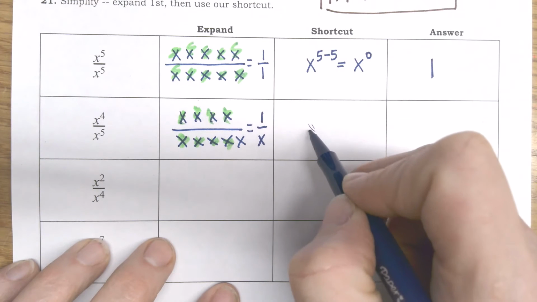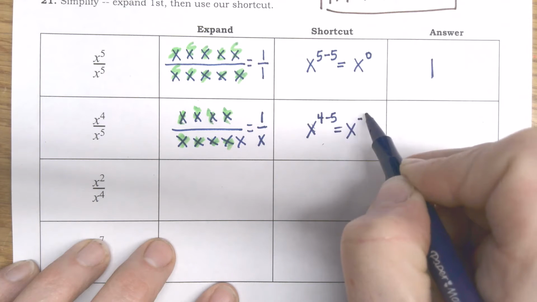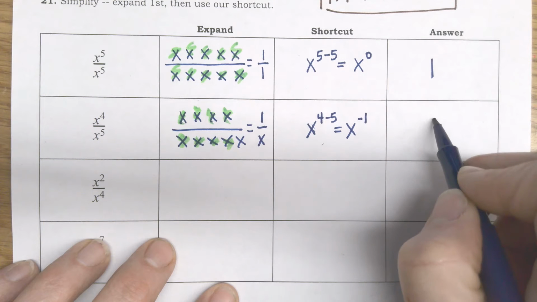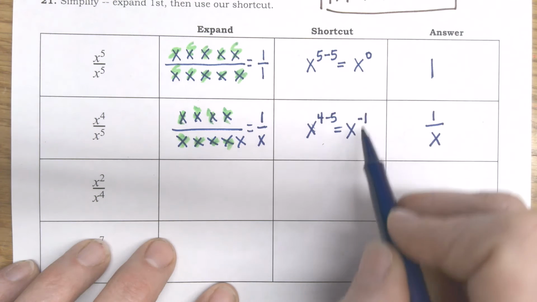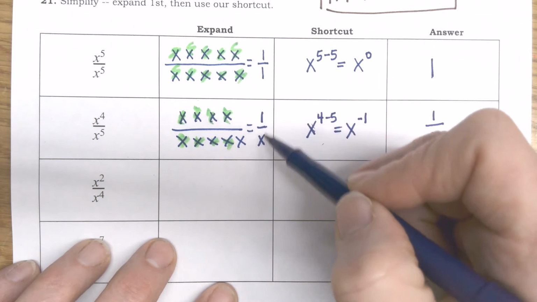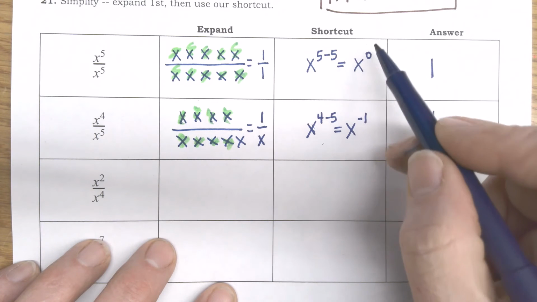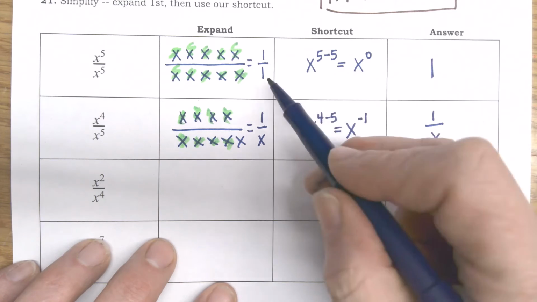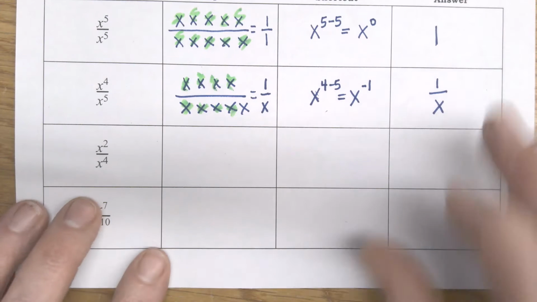Or if I write it like this, x to the 4 minus 5, I get x to the negative first power. The answer here is 1 over x. So again, this shortcut is giving me values that look different than the expanded form. And our connection today is going to be to connect these two to talk about why those are equal to each other.